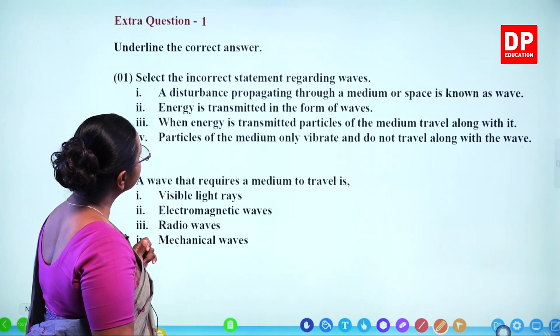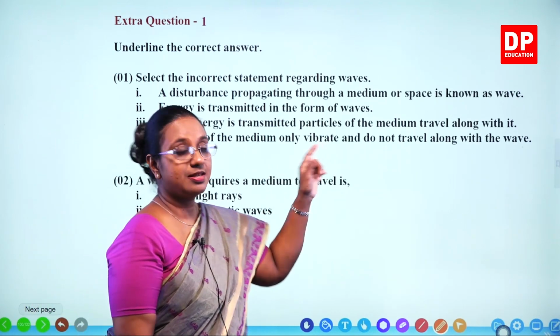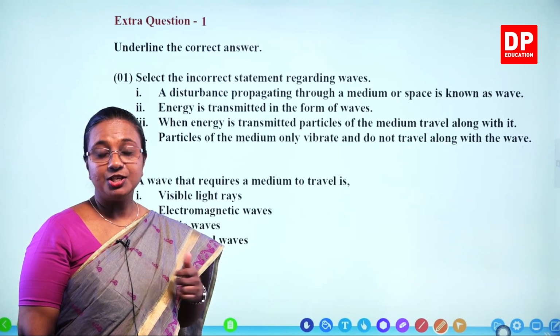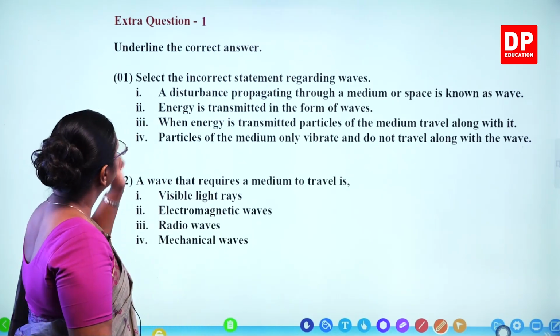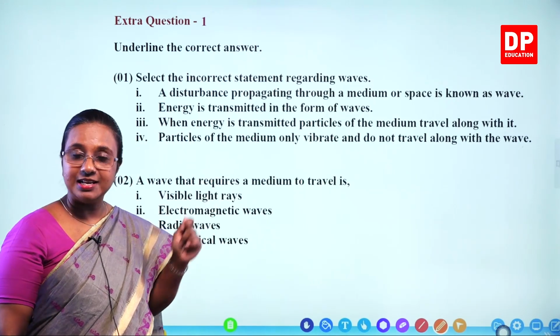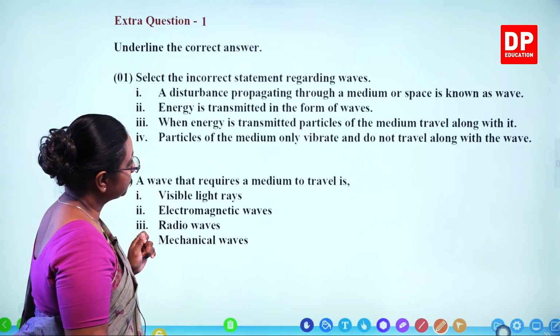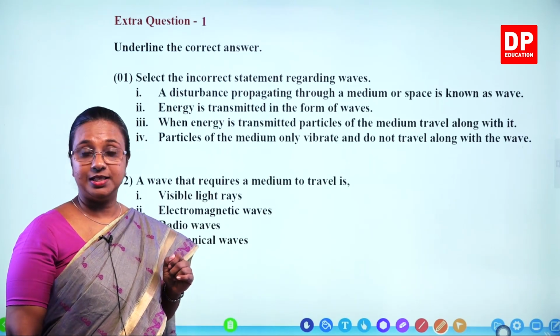A disturbance propagating through a medium or space is known as wave. That is correct. That's the definition or explanation of a wave. Energy is transmitted in the form of waves. That is also correct. When energy is transmitted, particles of the medium travel along with it.